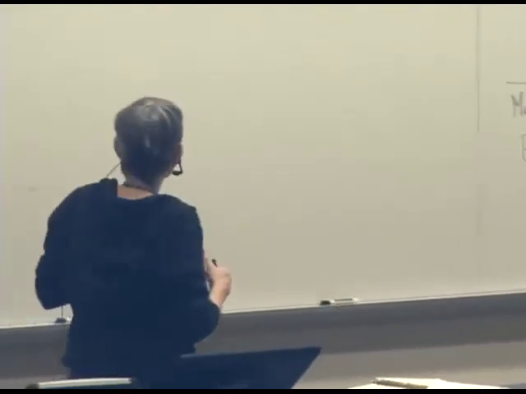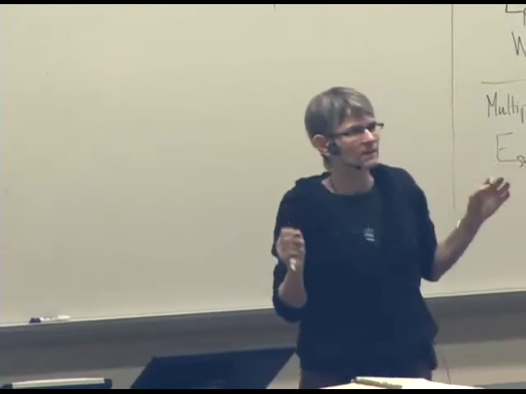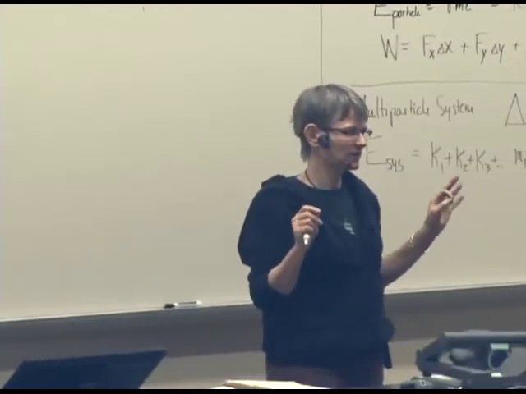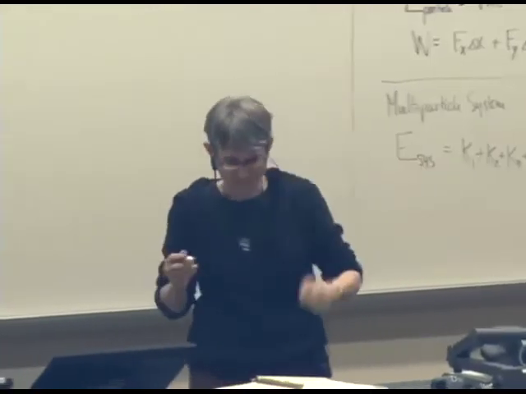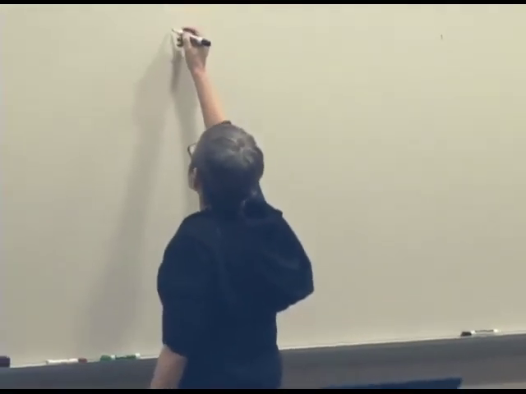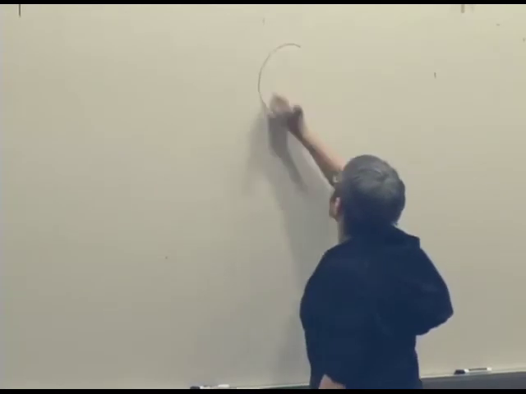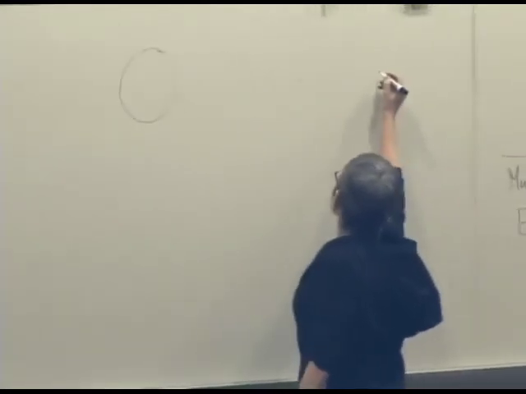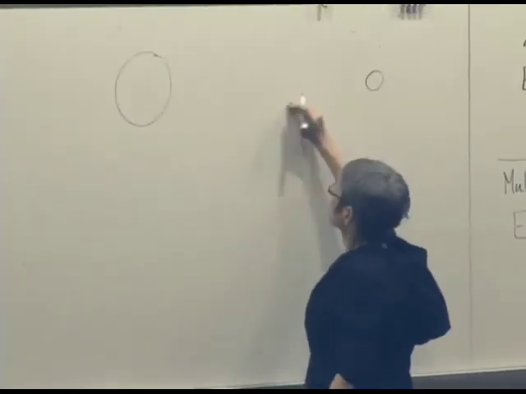So gravitational potential energy. Gravitational potential energy is a very concrete example of potential energy. So consider two stars. So here's a star, and there's a star.